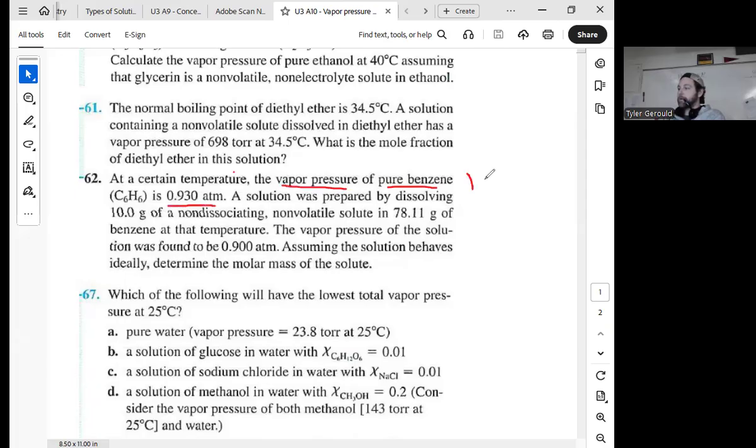And so when I look at the equation, the pressure of the solution is the mole fraction of benzene times the pure pressure of benzene, B for benzene. So this 0.93 goes in on the far right side. I'm going to put 0.93 in there.